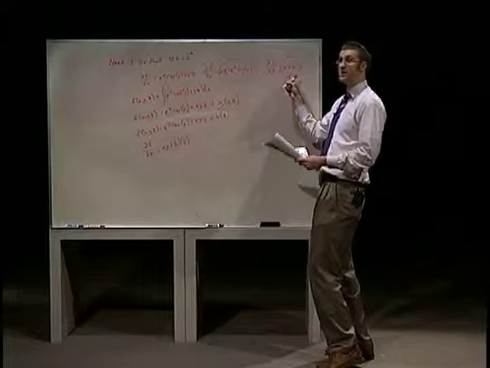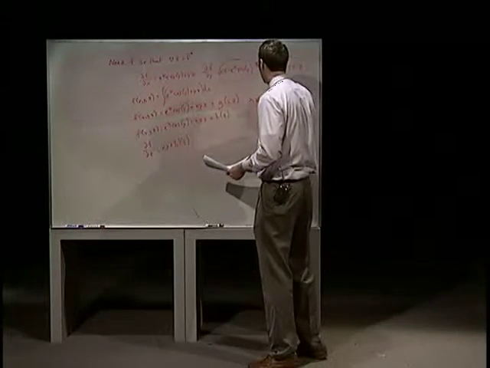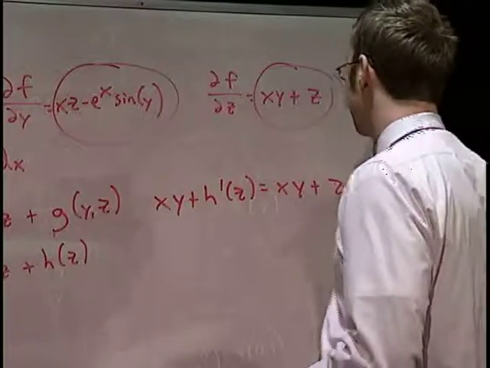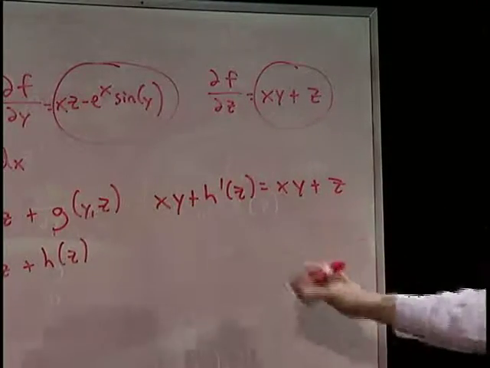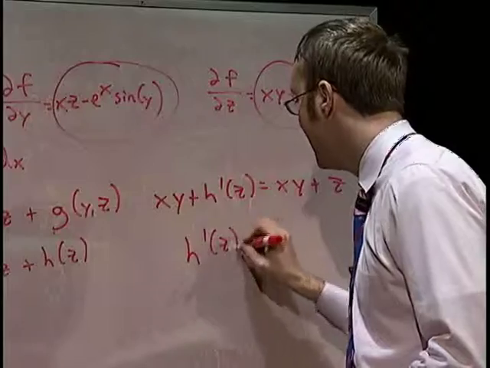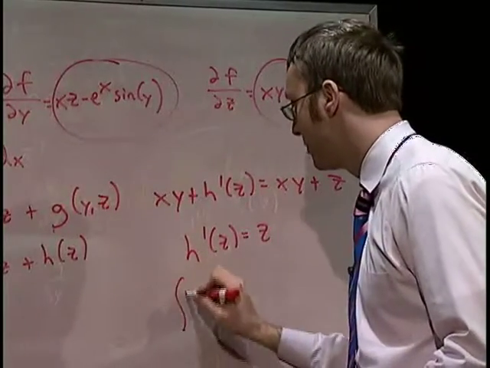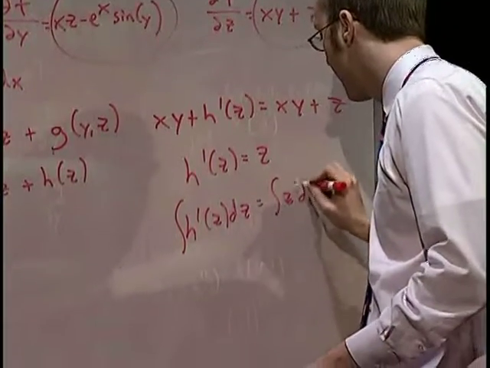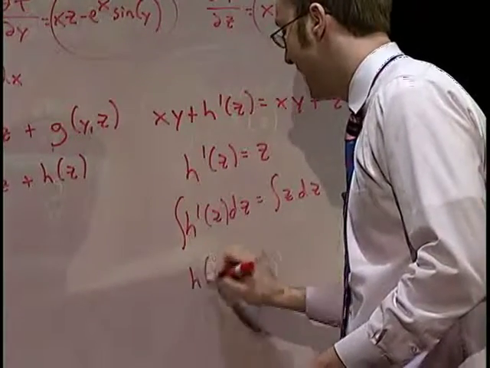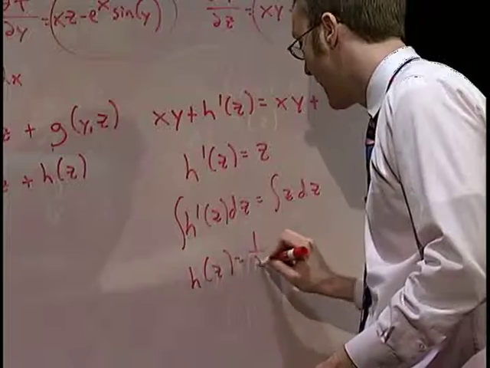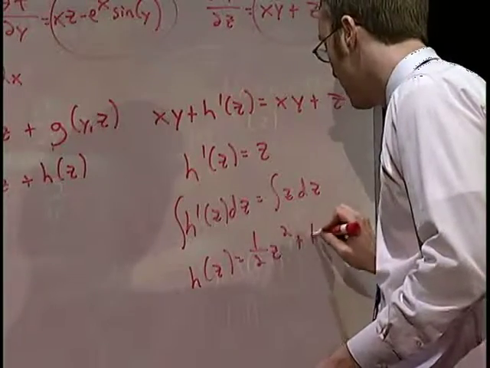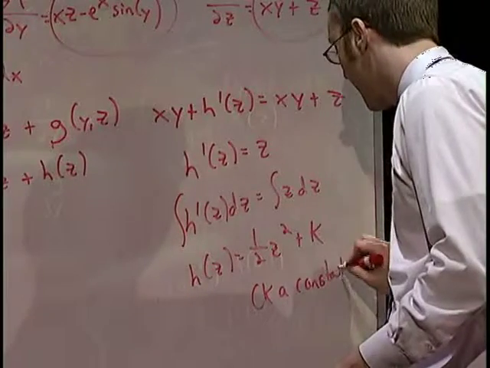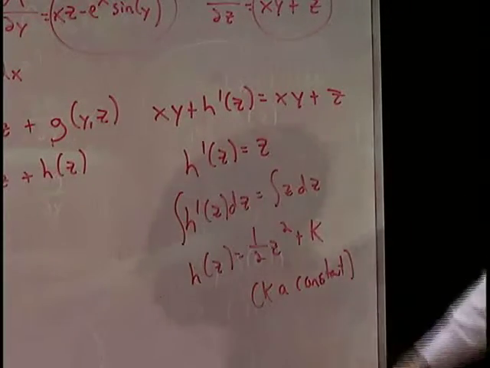So therefore, xy plus h prime of z better equal xy plus z. Well, that means that h prime of z is z. Integrate both sides with respect to z. That means h of z is 1/2 z squared plus k, k a constant. That's h of z.